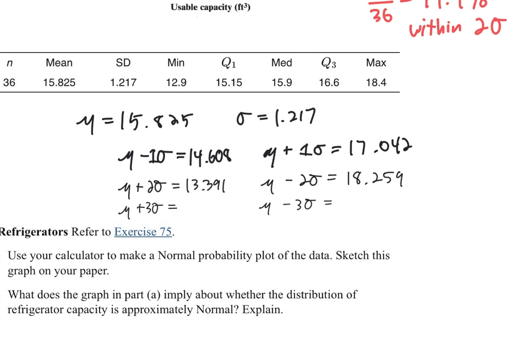So that's 12.174. The other one, 3 standard deviations. Oh, I don't know why I was doing that. I'm just tired. These are both minuses. These are both pluses.